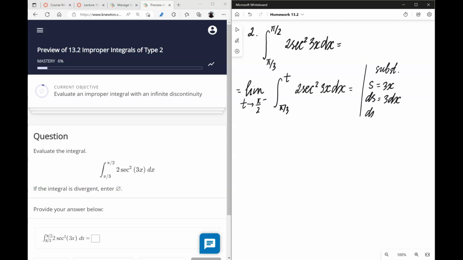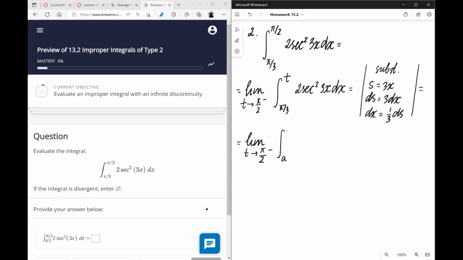So dx will be 1/3 of ds. And we still have a limit. The limit is now the problem, and the integral is just a problem within a problem. So we have a new integral.